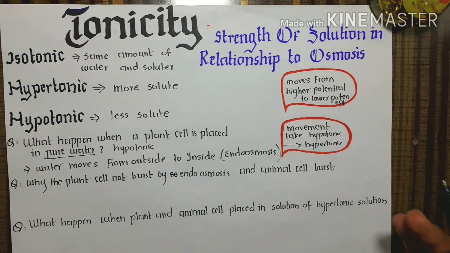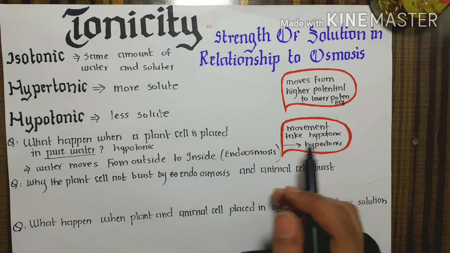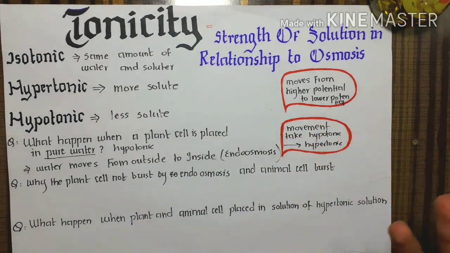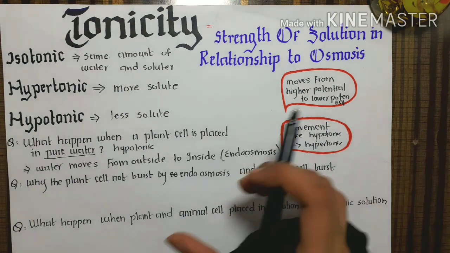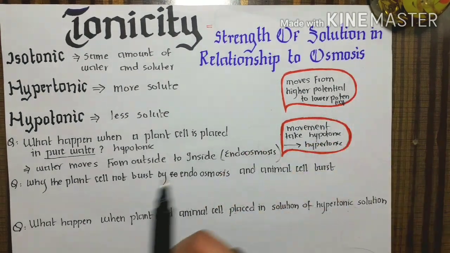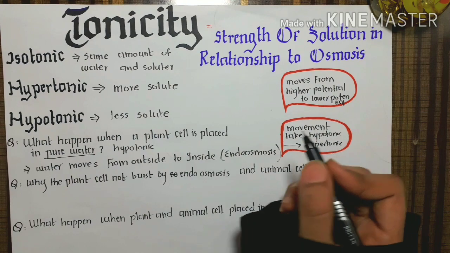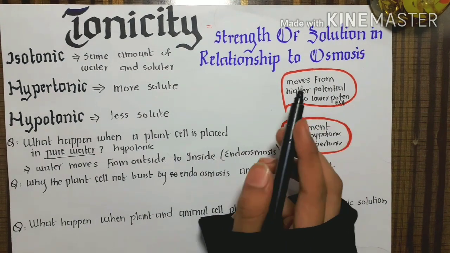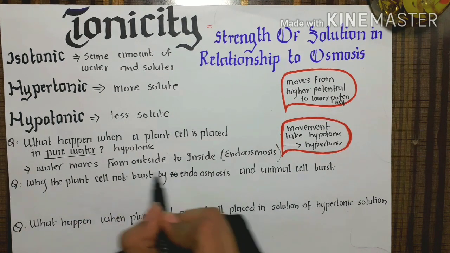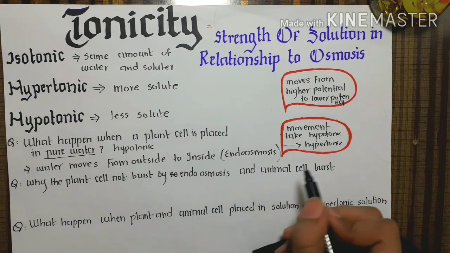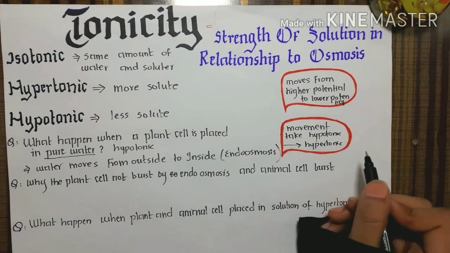We know that there are many minerals, vitamins along with water in the cell and many other cell organelles. So it is not pure water at all. But when the cell is placed in pure water, the water moves from outside to inside, and this is called endo-osmosis. Endo means inside the cell.